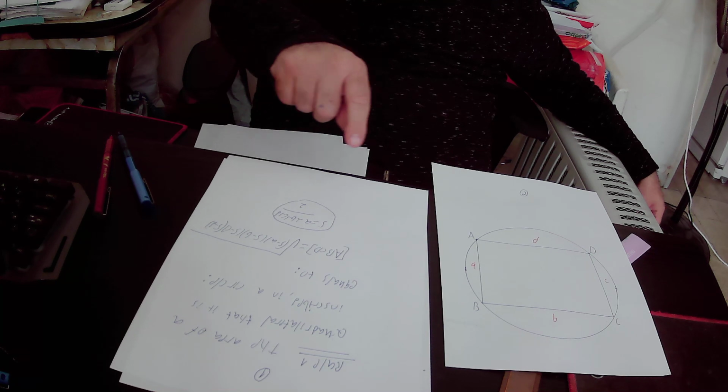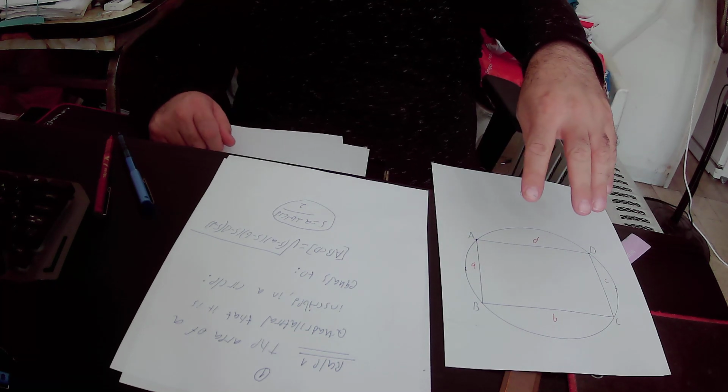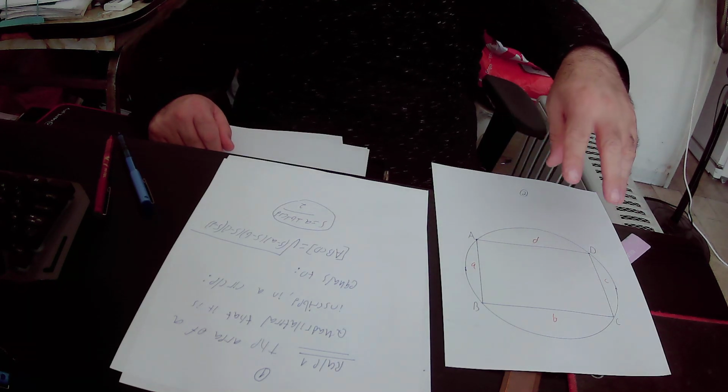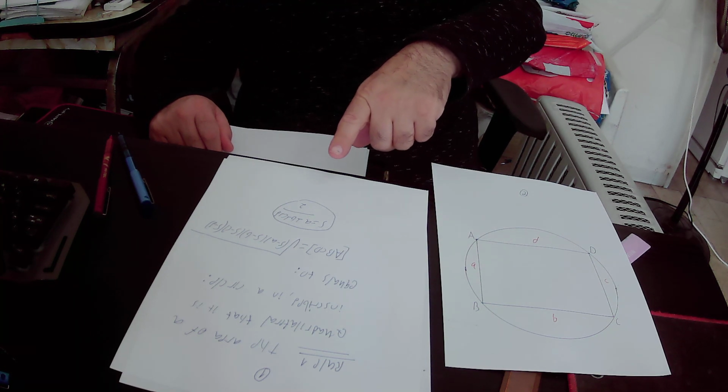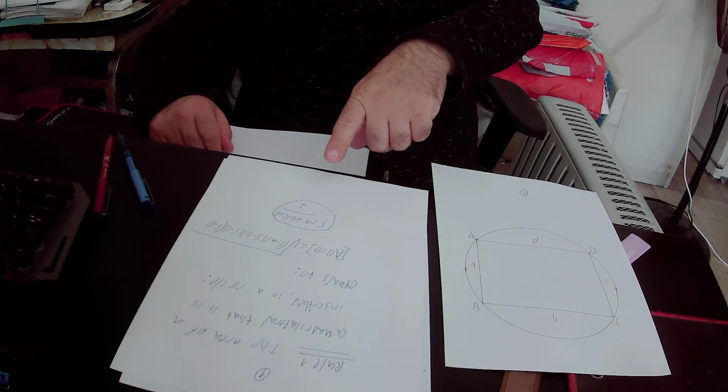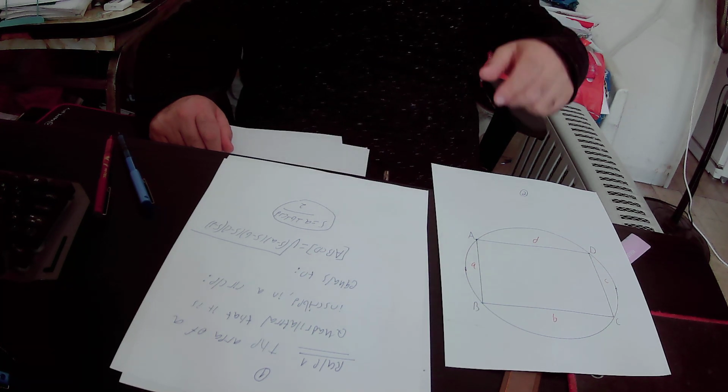A, B, C, and D are the lengths of the quadrilateral sides, and S equals the sum of the quadrilateral sides, that is to say A plus B plus C plus D over 2.